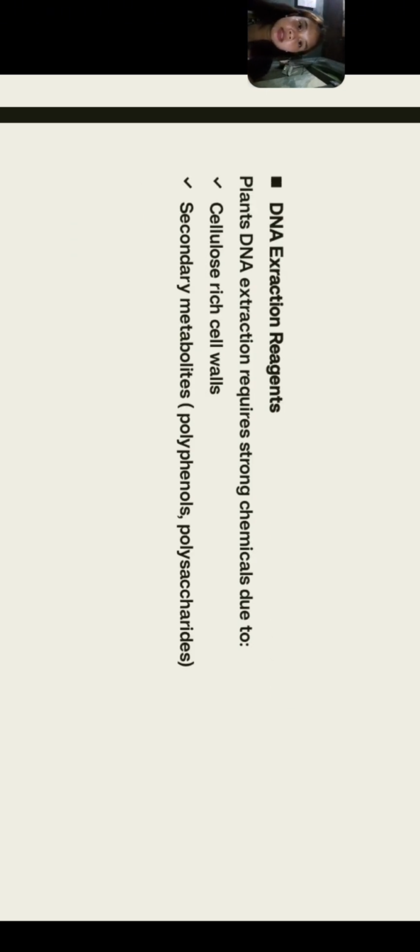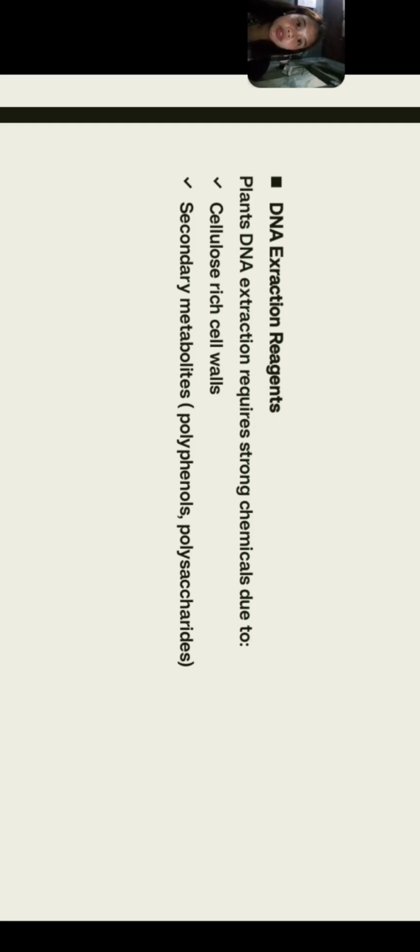Next, DNA extraction reagents. Plants' DNA extraction requires strong chemicals due to cellulose-rich cell walls, secondary metabolites, polyphenols, and polysaccharides. So, extracting DNA from plants needs strong chemicals because plants are different from animals.